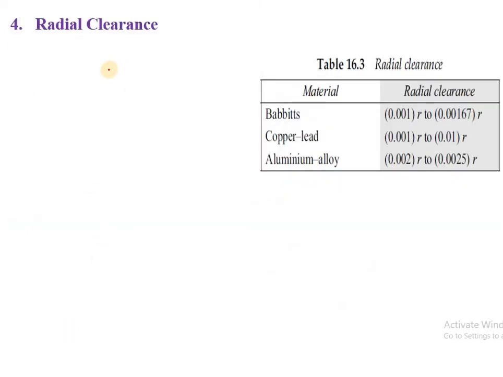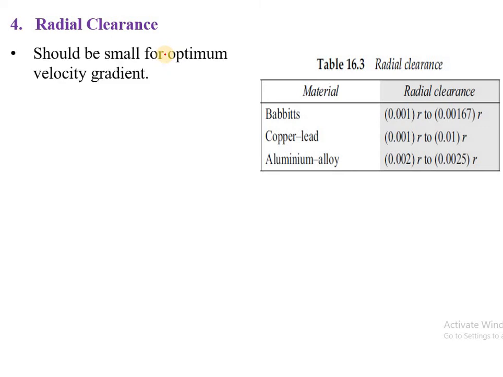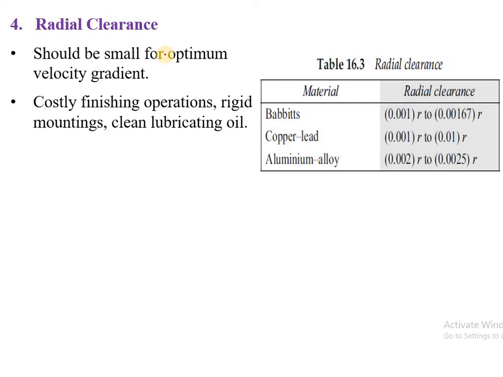Now, the next parameter is radial clearance. Radial clearance should be small in order to provide a proper velocity gradient. However, this requires costly finishing operations, rigid mounting and clean lubricating oil. So this increases the initial and maintenance cost of the bearing.